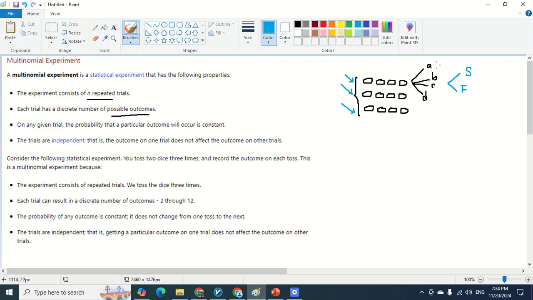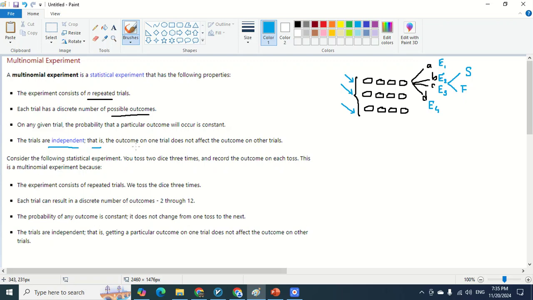Let us call the first event E1, the second E2, the third E3, and the last one E4. The probabilities of E1, E2, E3, and E4 for each trial are constant, and the values are invariant. The trials that we talk about are independent.